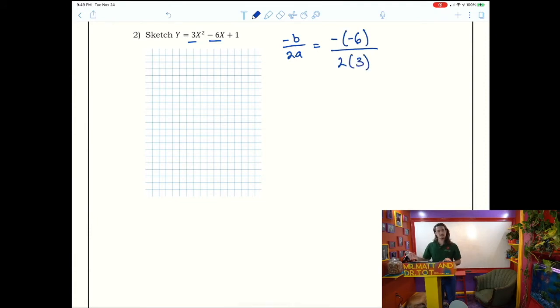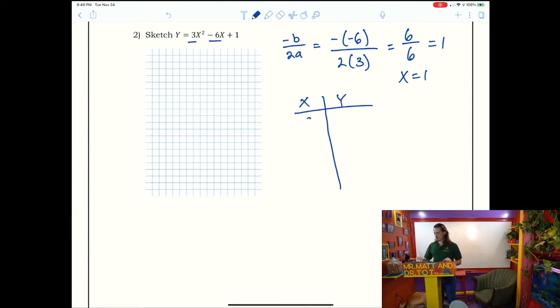A negative times a negative is a positive, so this is going to be 6 divided by 6, which is +1. So at x is equal to 1, I have the axis of symmetry, so I'm going to pick 2 points to the left and to the right of +1. So maybe 0, 1, and 2.